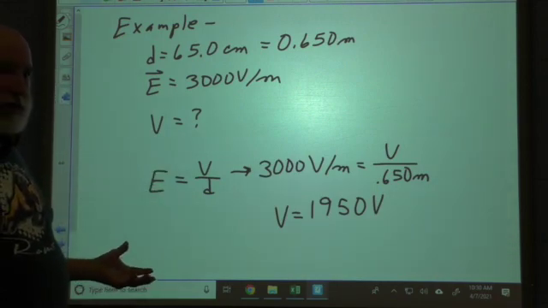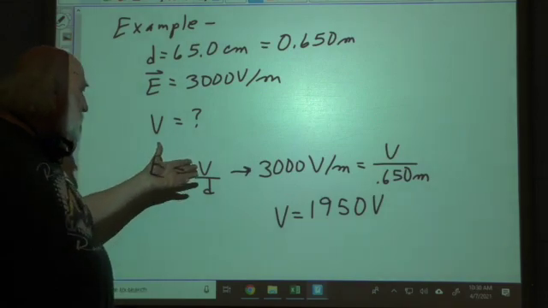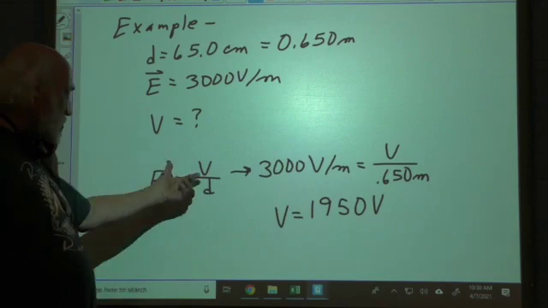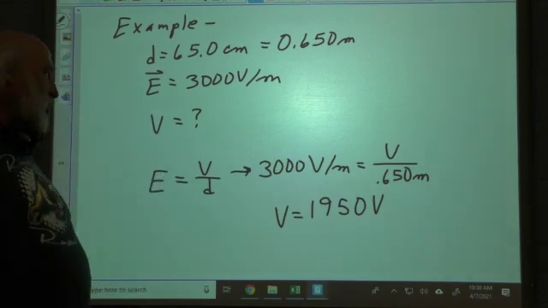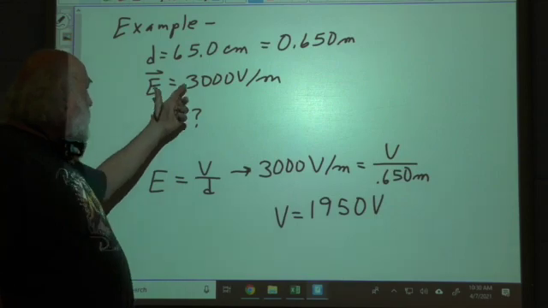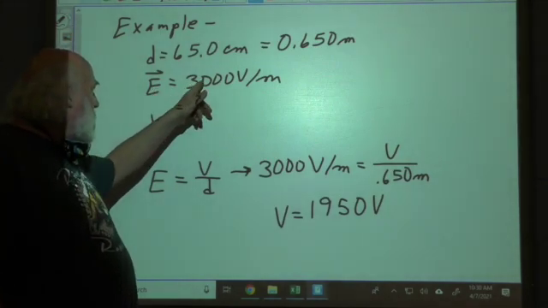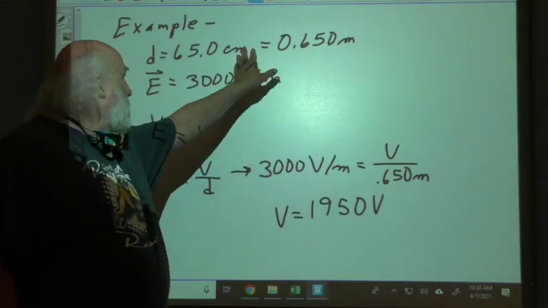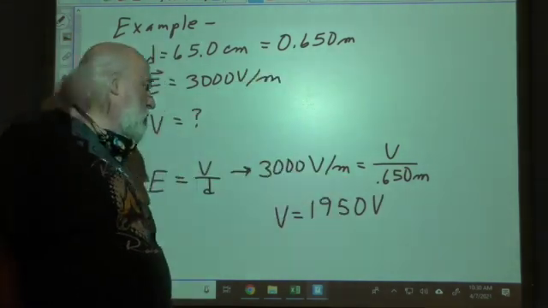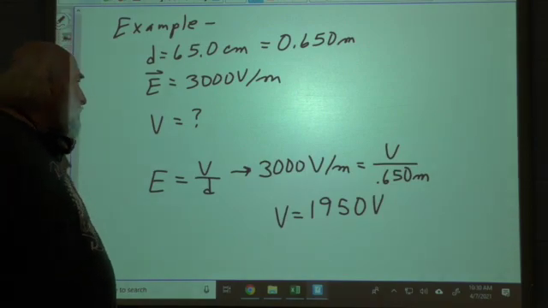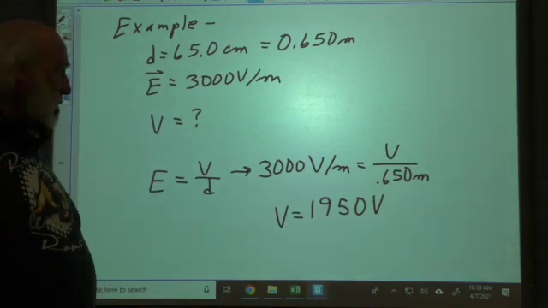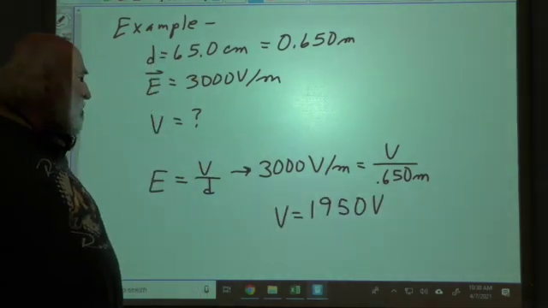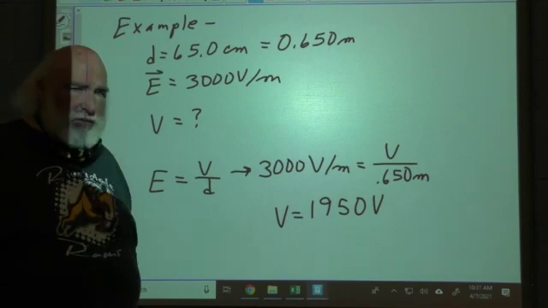This is electric field, which is found by taking the voltage, or the potential rather, and dividing by the distance. So we're given the electric field as 3,000 volts per meter. That is equal to volts over the distance, so we had to change the centimeters to meters. We get 0.650 meters. And as any Algebra 1 student can tell you, you get V by itself and multiply both sides by 0.650 meters. And we get 1,950 volts.